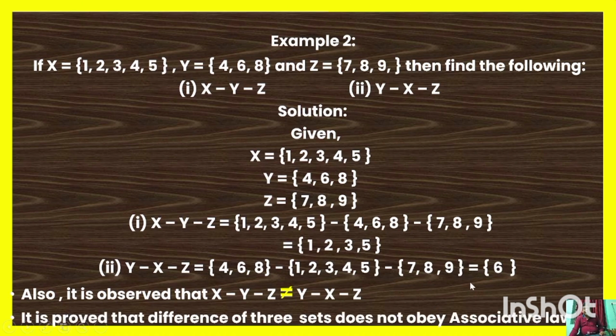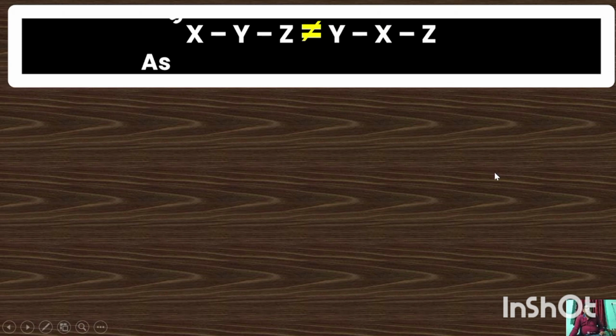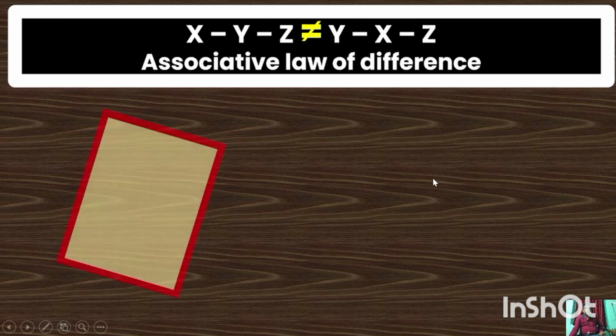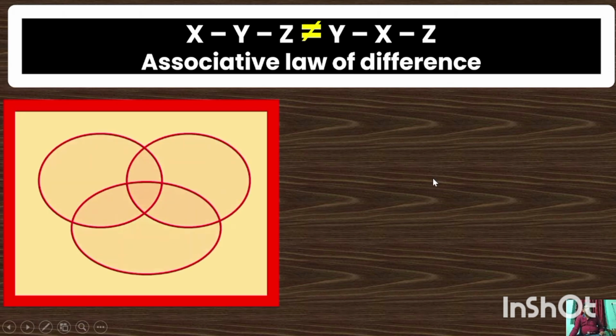Okay. Understood? Okay, thank you. Let's see. x minus y minus z is not equal to y minus x minus z. Look at the Venn diagram also, it has been explained. Yes. Okay. This is the shaded portion of x minus y minus z.